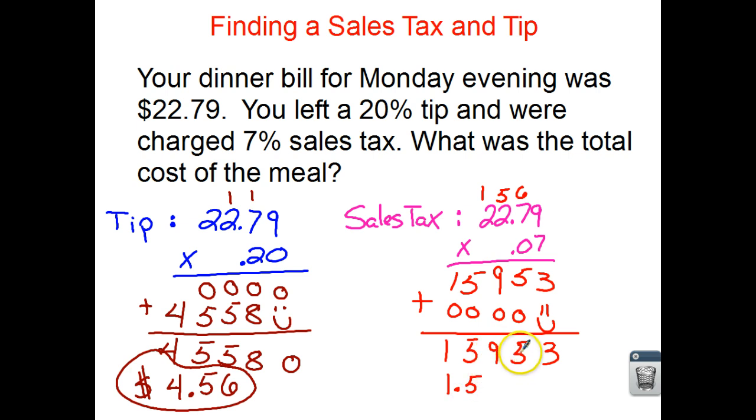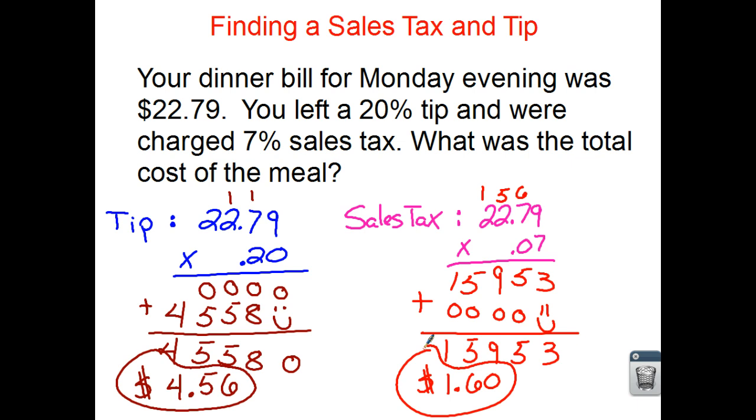But what does that 5 tell me to do to the 9? It tells me to go up 1. So it looks like this is going to have to round to $1.60. And that is going to be the sales tax on our bill.